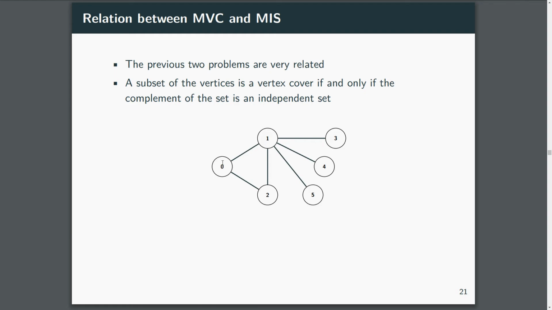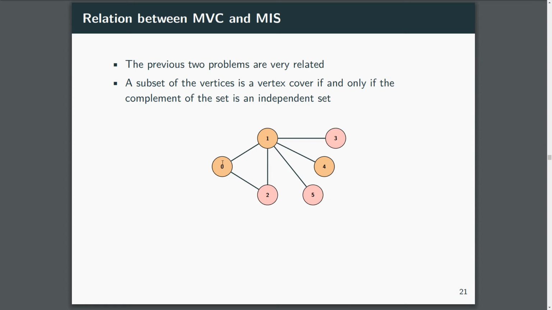So these two problems are very related. A subset of vertices is a vertex cover if and only if the complement of the set is an independent set. So here we have the independent set 2, 3, and 5.